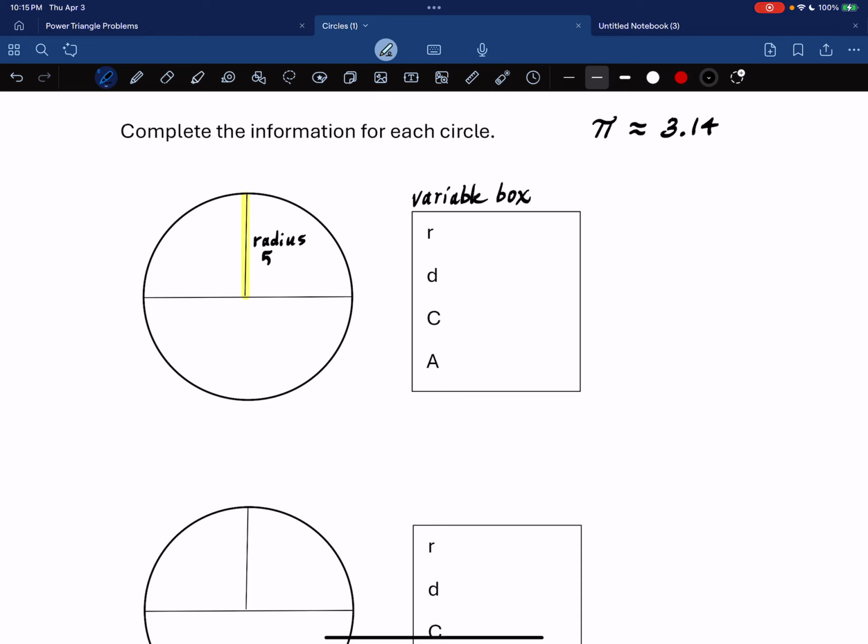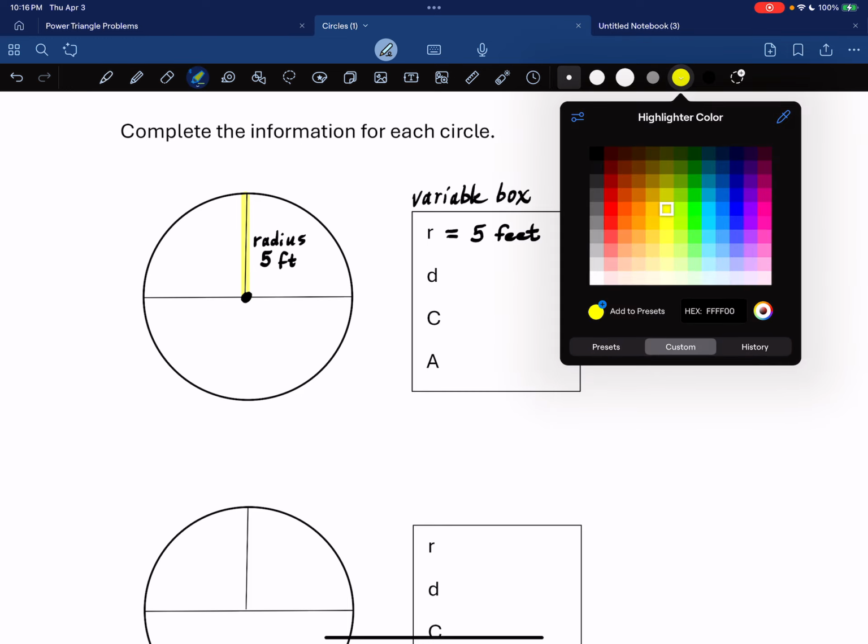And we need to give it a unit, so let's just use feet. Maybe this is a fountain in the backyard. Fountain would sit here at the center. The radius is 5 feet. So that will become the value for R. And this is a specific value. It is not rounded, so I'm going to say R equals 5 feet.